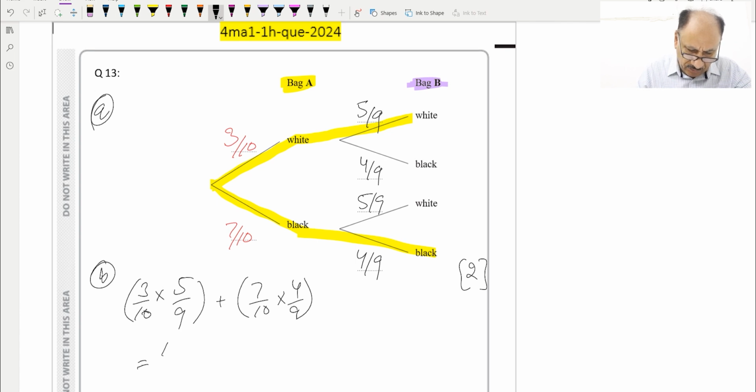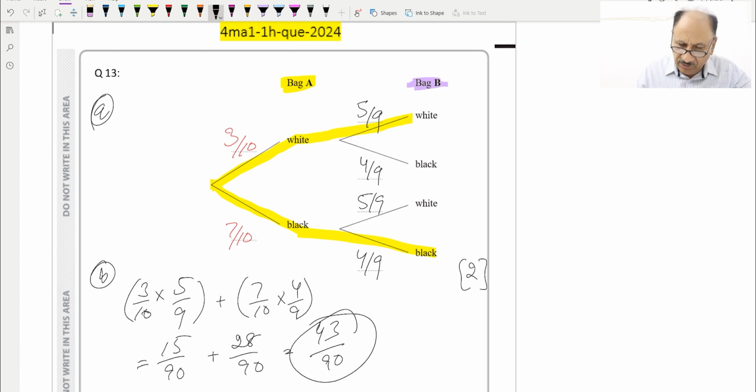This will be 15 by 90 plus 28 by 90, and 15 plus 28 will be 43, so 43 by 90, and this will be our final answer. This was for 3 marks. Hopefully you understood this as well.